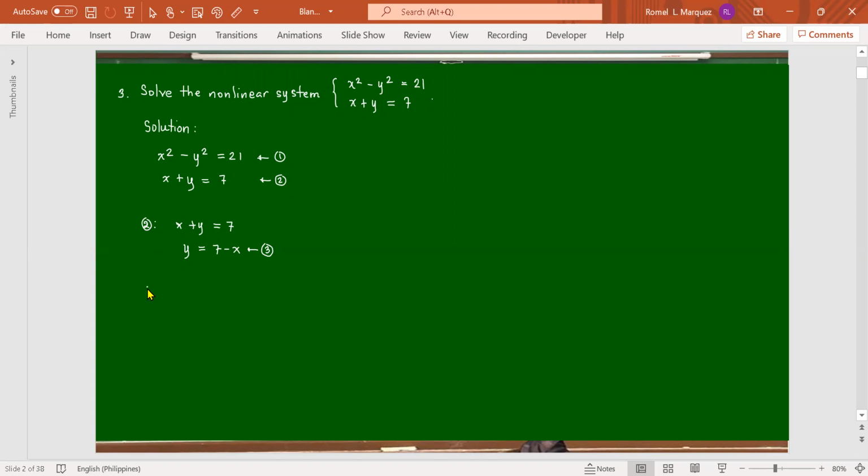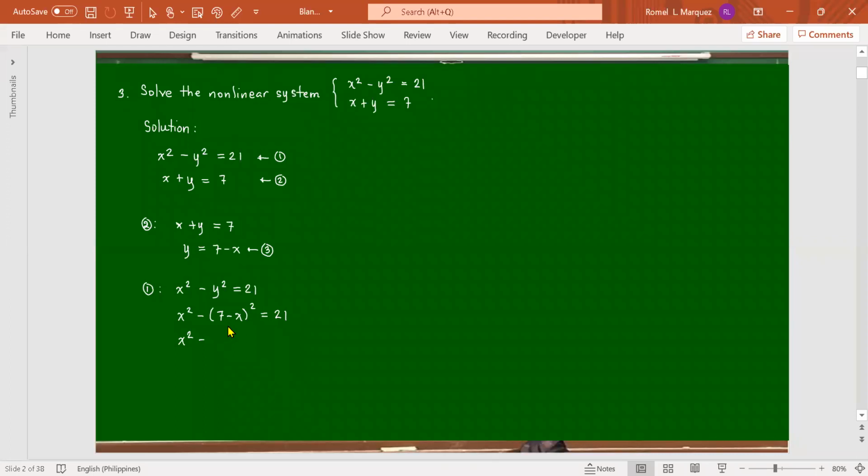So from equation 1, x squared minus y squared equals 21. Substitution gives us x squared minus the quantity 7 minus x squared equals 21. Then we square this.